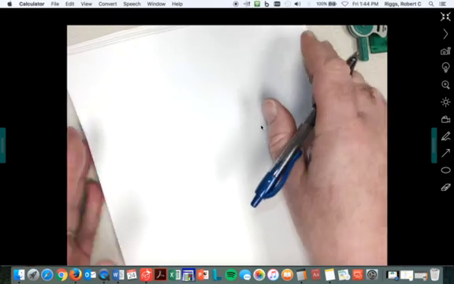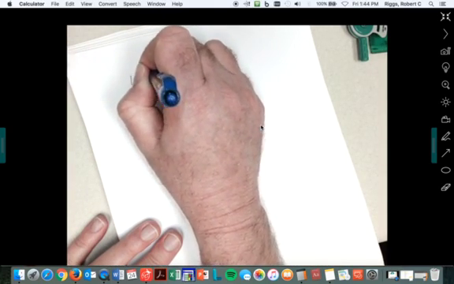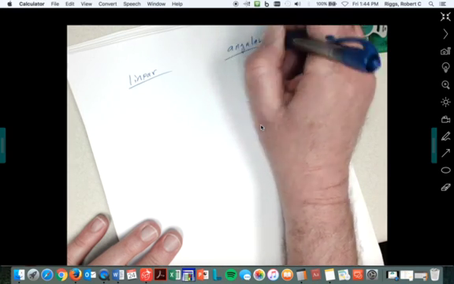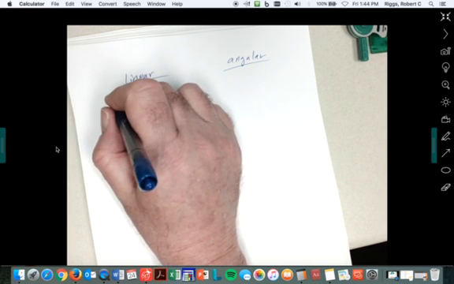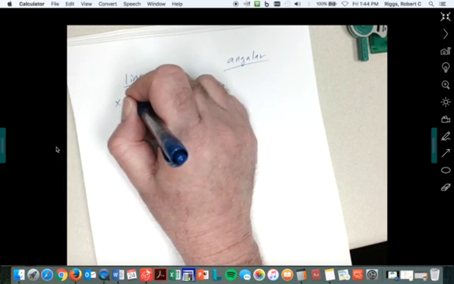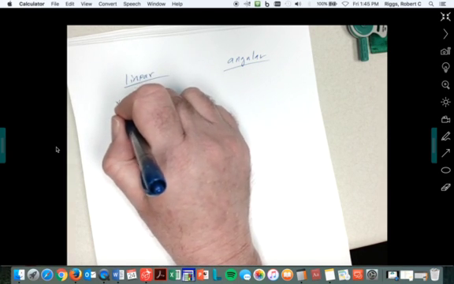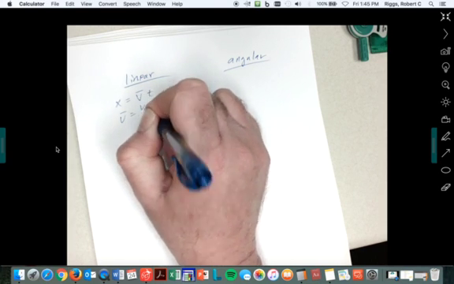this works just like linear, angular. Linear, what did we say? X equals the average velocity times time, where the average velocity is equal to v final plus v initial divided by 2.